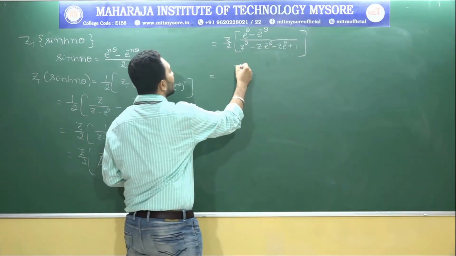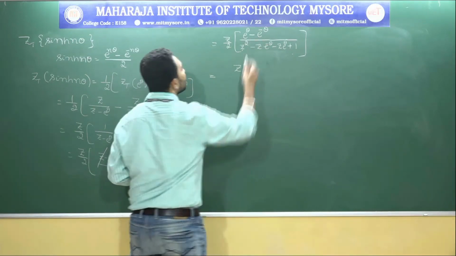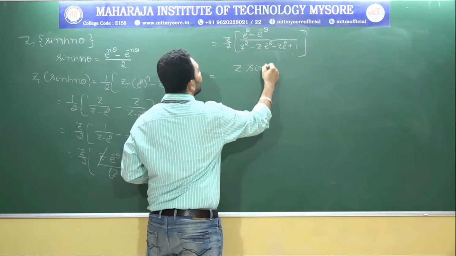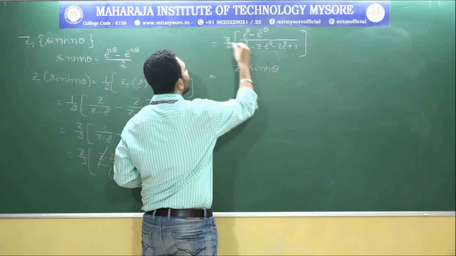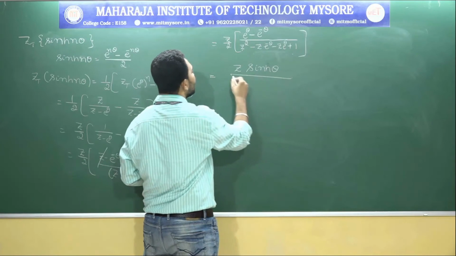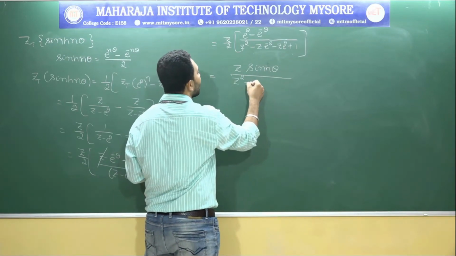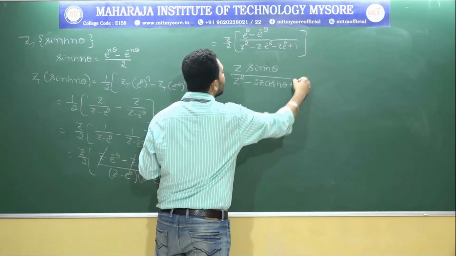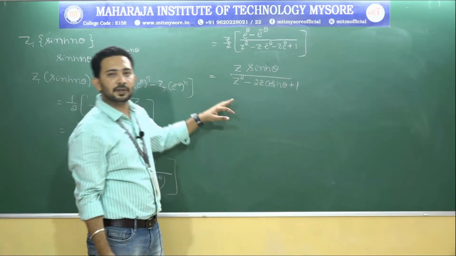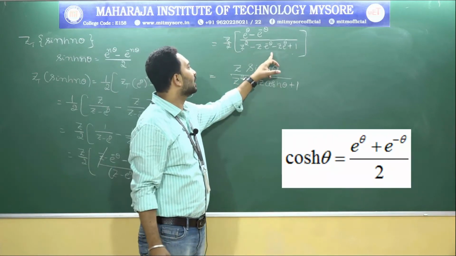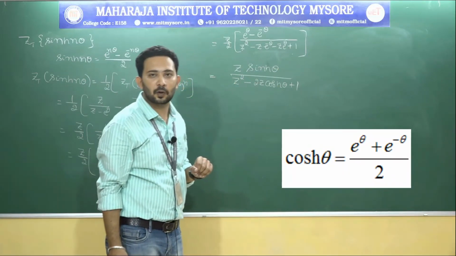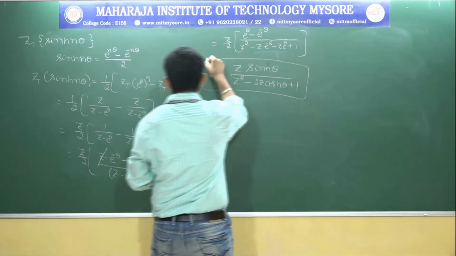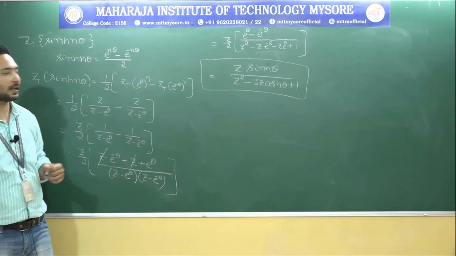I can write z into e power theta minus e power minus theta as sine hyperbolic theta using that formula, and we have 2 and this 2 will get cancelled. We'll get z square minus 2z into cos hyperbolic theta plus 1, by using the cos hyperbolic theta formula, e power theta plus e power minus theta divided by 2. So this is the z transformation for sine hyperbolic theta.